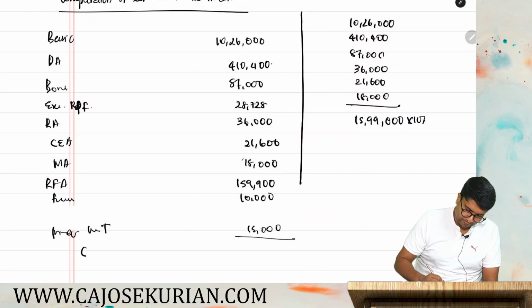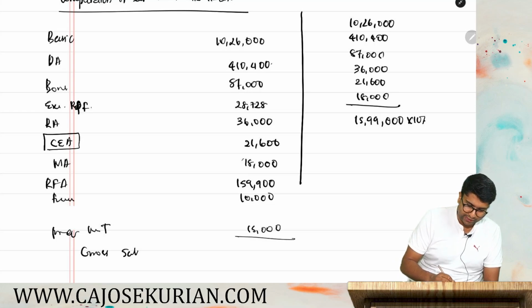Now let's compute the gross salary. So the only difference is for the children education allowance. Due to that change, RFA value also changes.